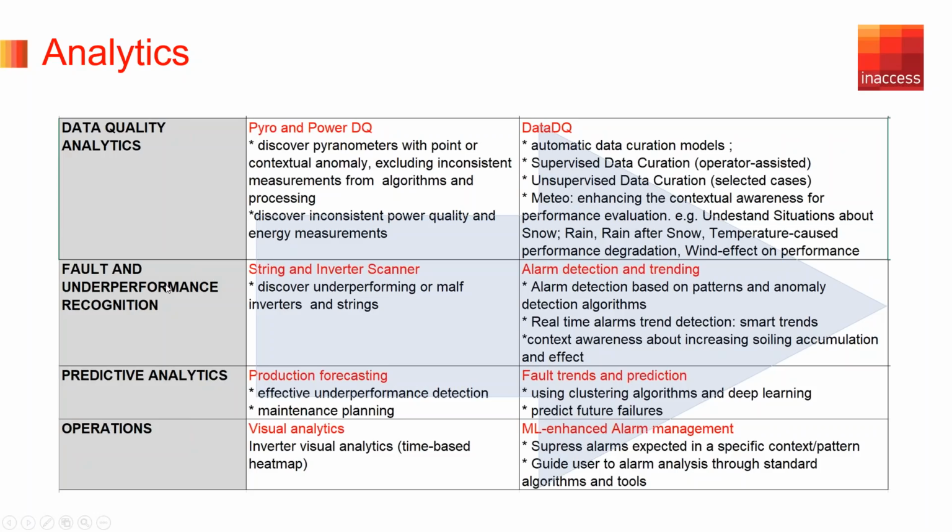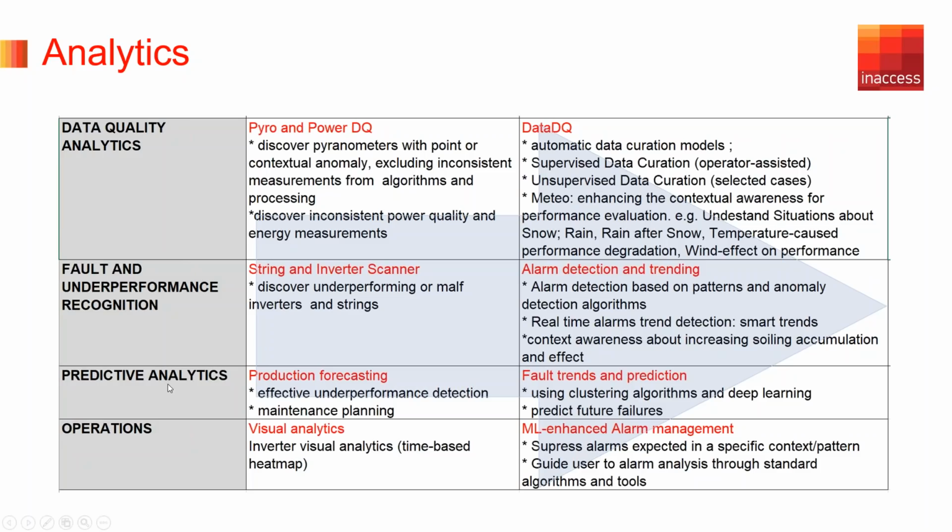The third category, which is also very important, is the recognition of fault and underperformance. And this is done usually at the inverter or string level. And so you can easily understand parts of your asset that are underperforming, and the algorithms are able to understand some trends and detect some issues that then are flagged so as to go and repair them.